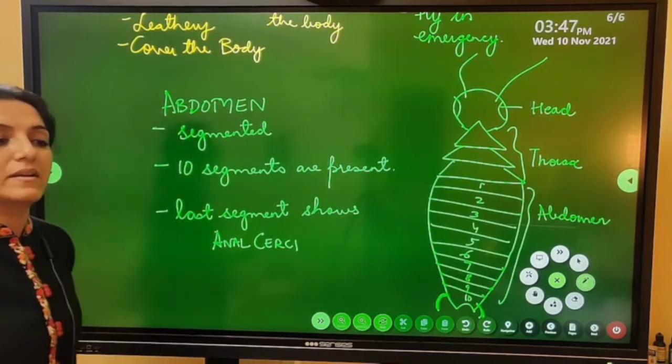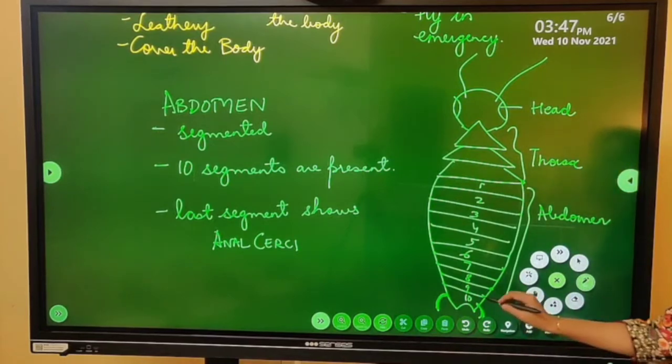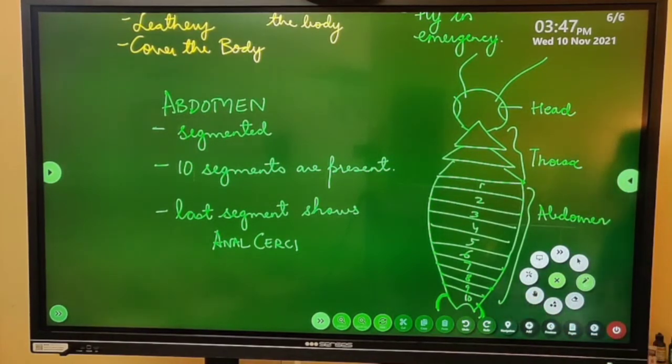So we will speak in detail later on what is the function of this anal cerci. But the last segment, that is the 10th segment, shows the presence of anal cerci.